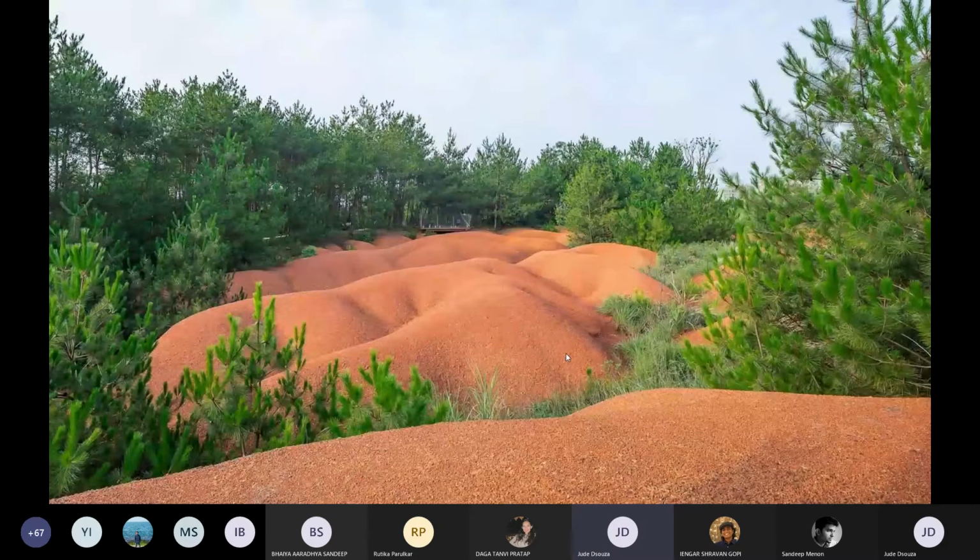If you look here, if you can see my mouse, straight ahead, center of the screen, you can see a little lookout point. It just looks out onto this landscape, an aerial view of these mounds.